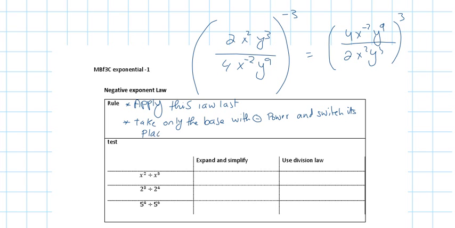So basically numerator to denominator and vice versa, and make your power to positive.